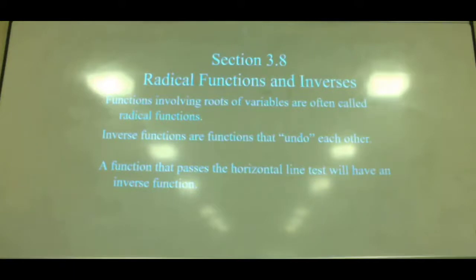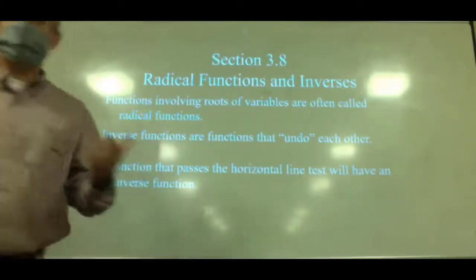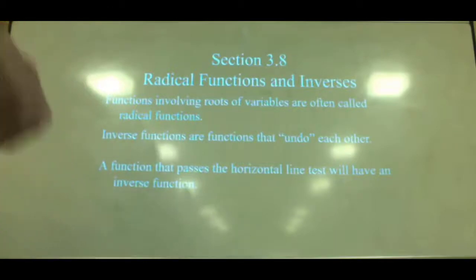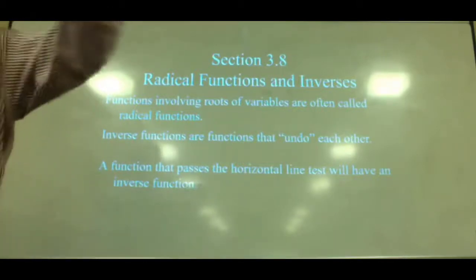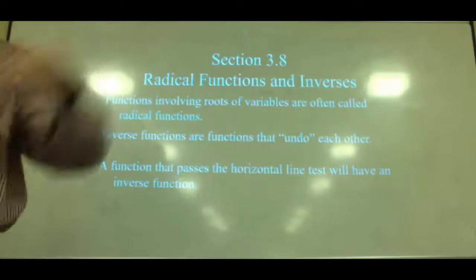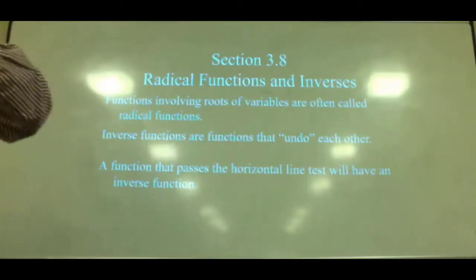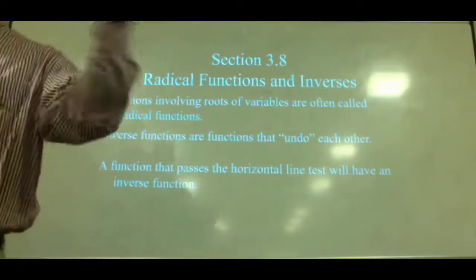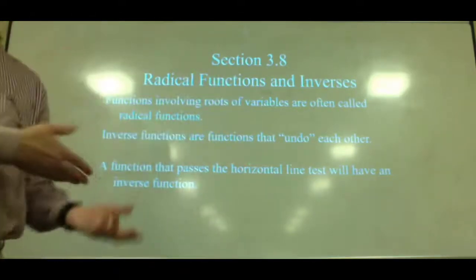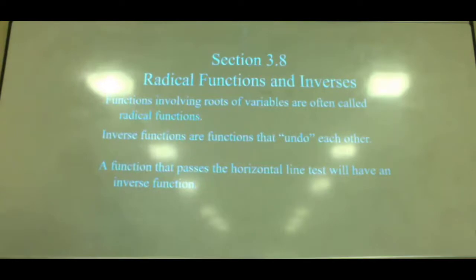But now there's something new called the horizontal line test. The horizontal line test is very similar to the vertical line test. If any horizontal line that you draw will only touch the graph one time, then you know that function is also what we call a one-to-one function, and so it will have an inverse function.